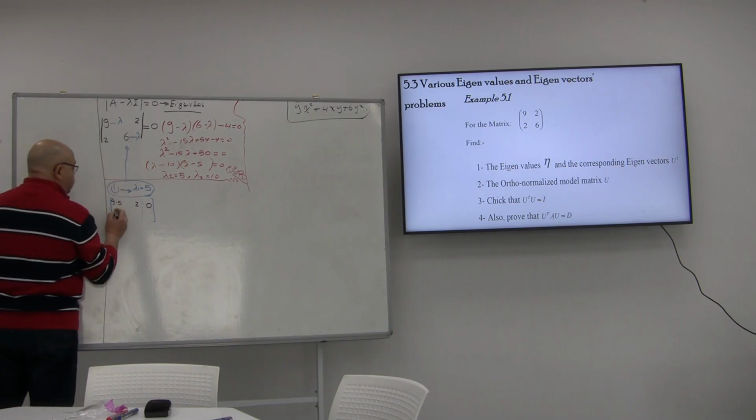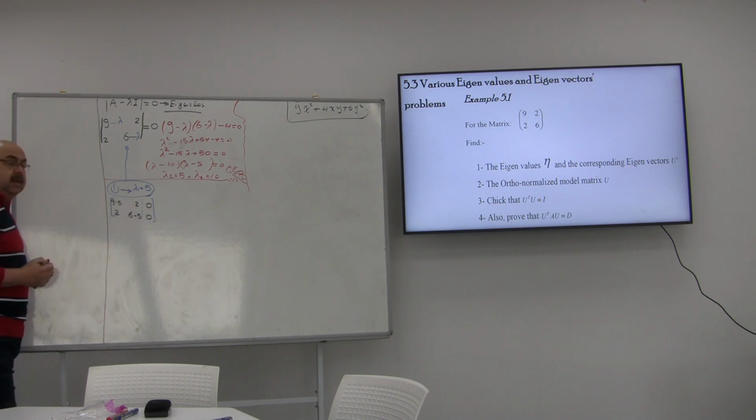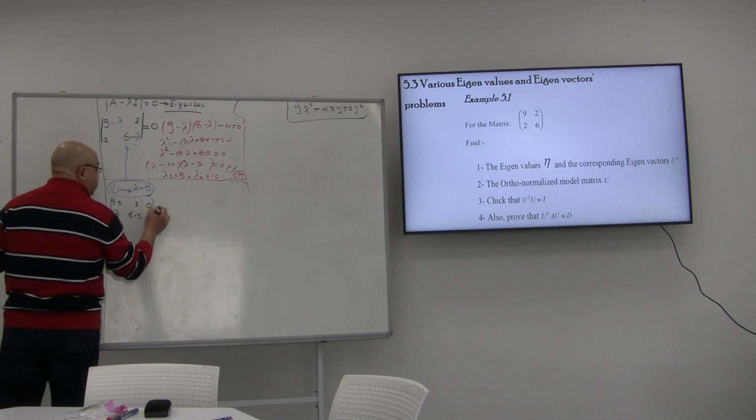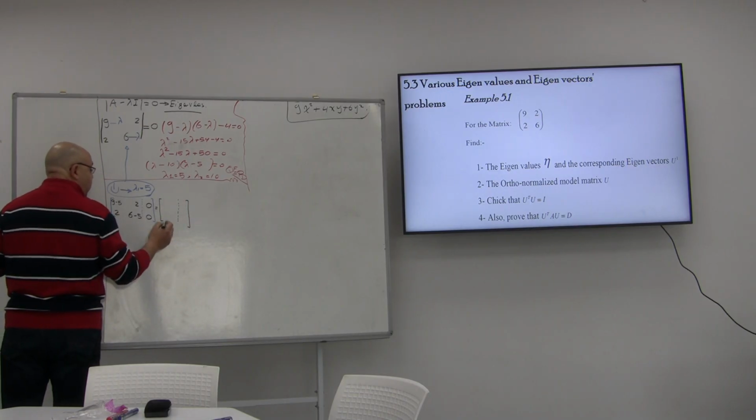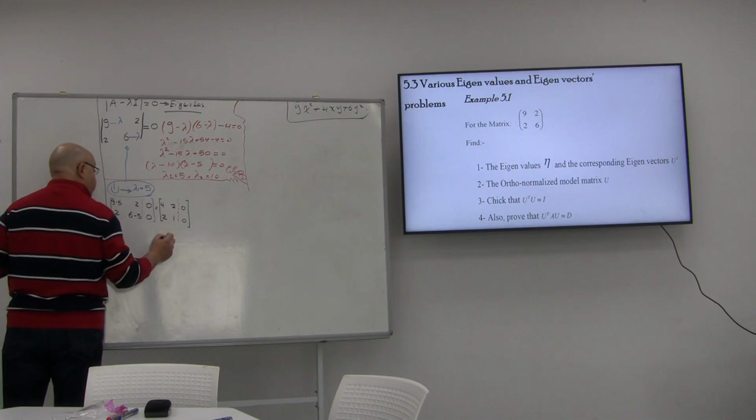For the second row, it's going to be 2, then 6 minus 5, and as I told you, it's a homogeneous type of equation. Once you do this, you will have a 2 by 2 system of equations, and for the first row, you will have 4, 2, and 0. For the second one, it's going to be 2, 1, and 0.